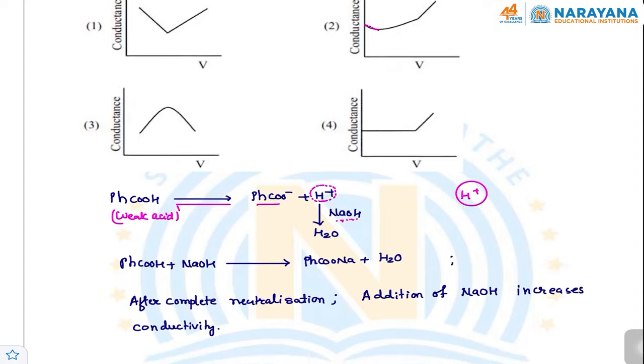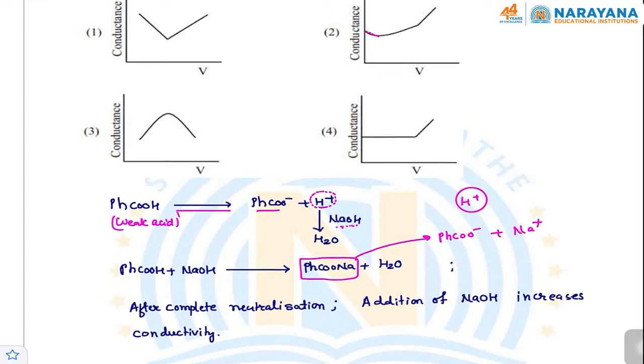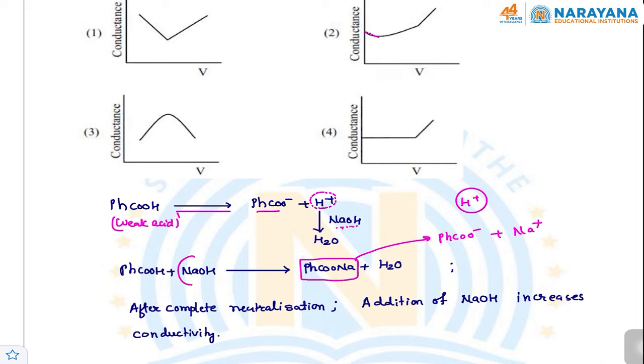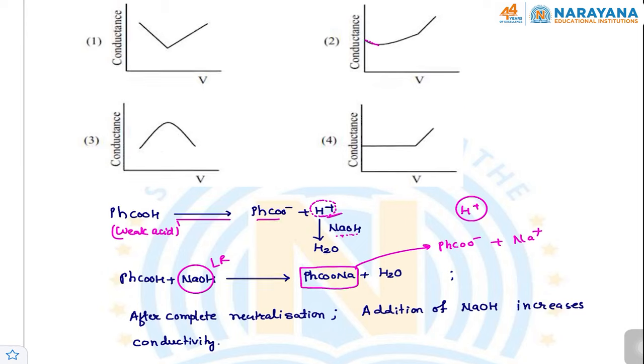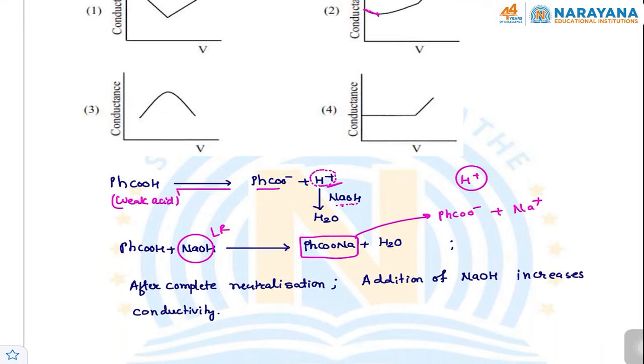After this H plus consumption, when you neutralize the benzoic acid, it forms a salt, that is sodium benzoate, which gives benzoate ion as well as sodium ion. So on adding a limited quantity of sodium hydroxide, after the H plus ions are consumed, the conductivity first decreases slightly.